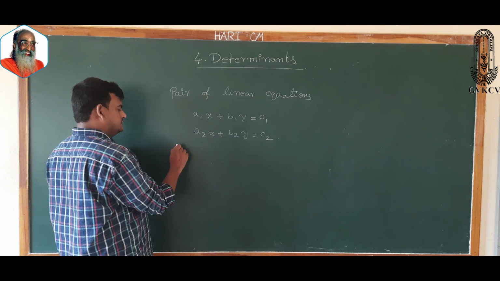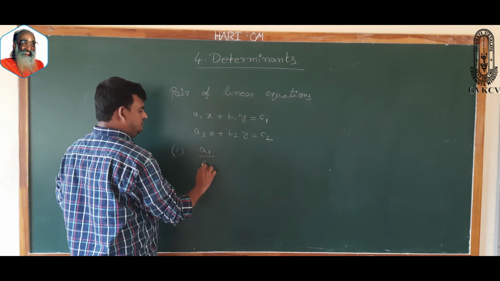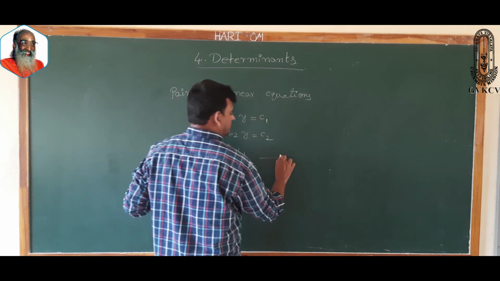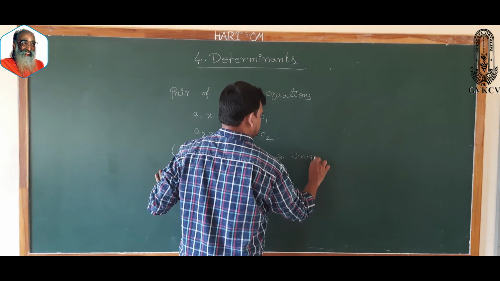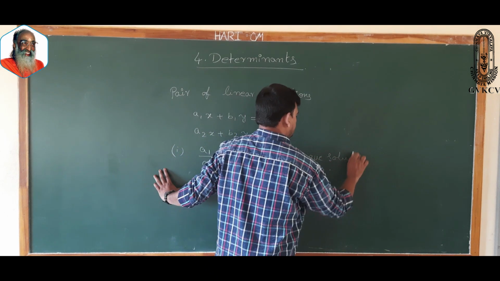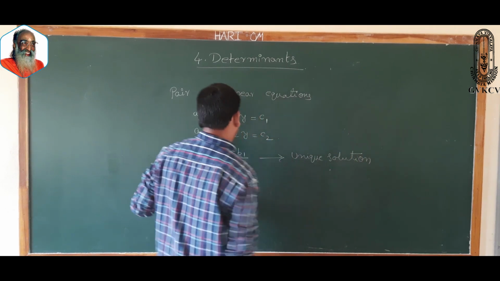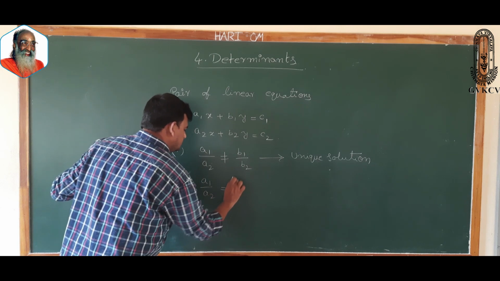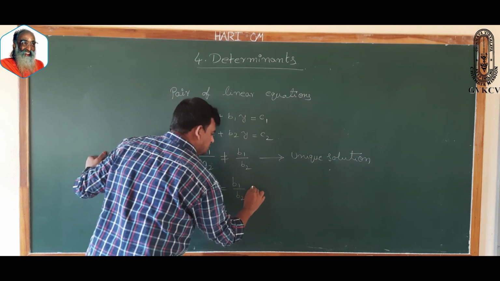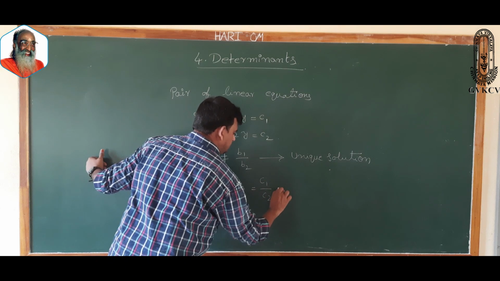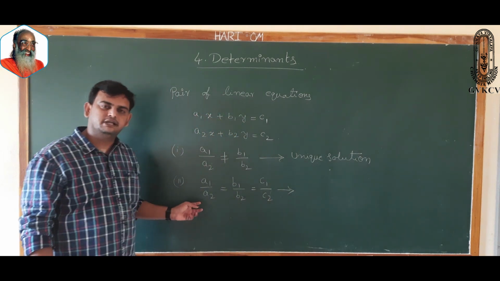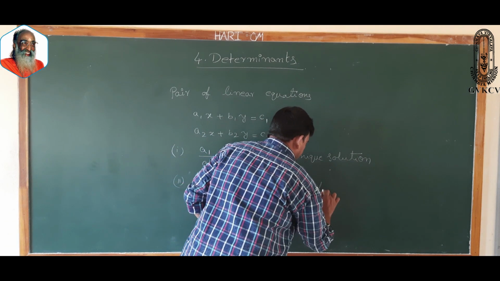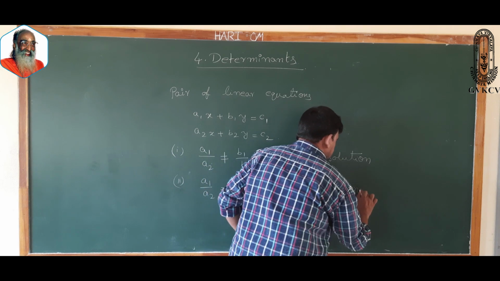We have the conditions for that. If a1 by a2 is not equal to b1 by b2, we have a unique solution. Similarly, when a1 by a2 is equal to b1 by b2 is equal to c1 by c2, when this condition gets satisfied, we have an infinite number of solutions.